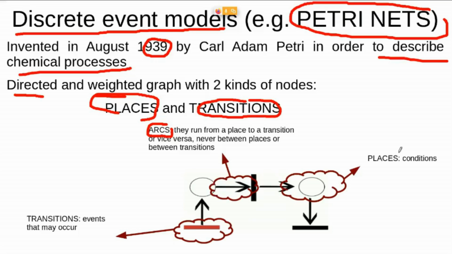What are the meanings of the places and transitions? Well, the places will represent the conditions of the system, the state of the system, and transitions will represent the events that may occur.